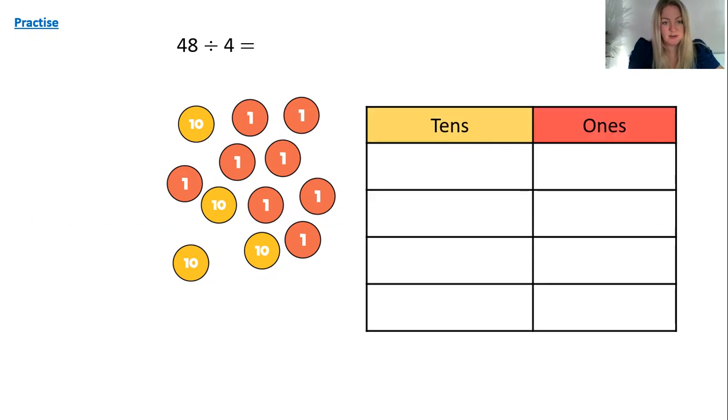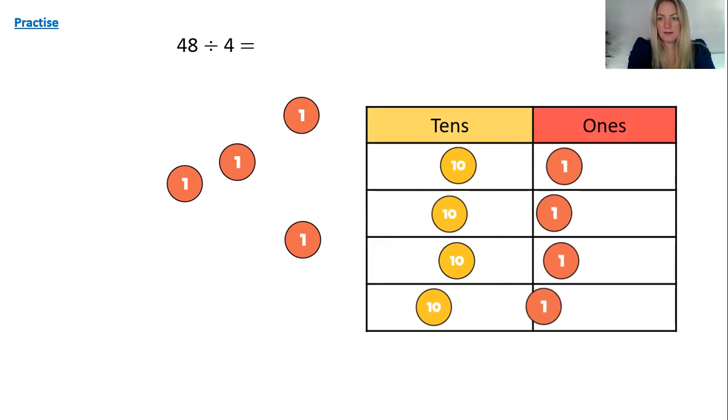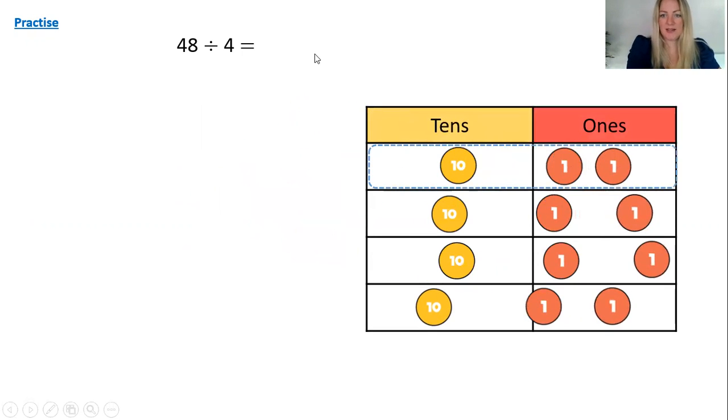We start by dividing the tens. We can place 1 ten in each part of the grid. Then we can divide the ones. We can see that each group has 1 ten and 2 ones. So 48 divided by 4 is equal to 12.